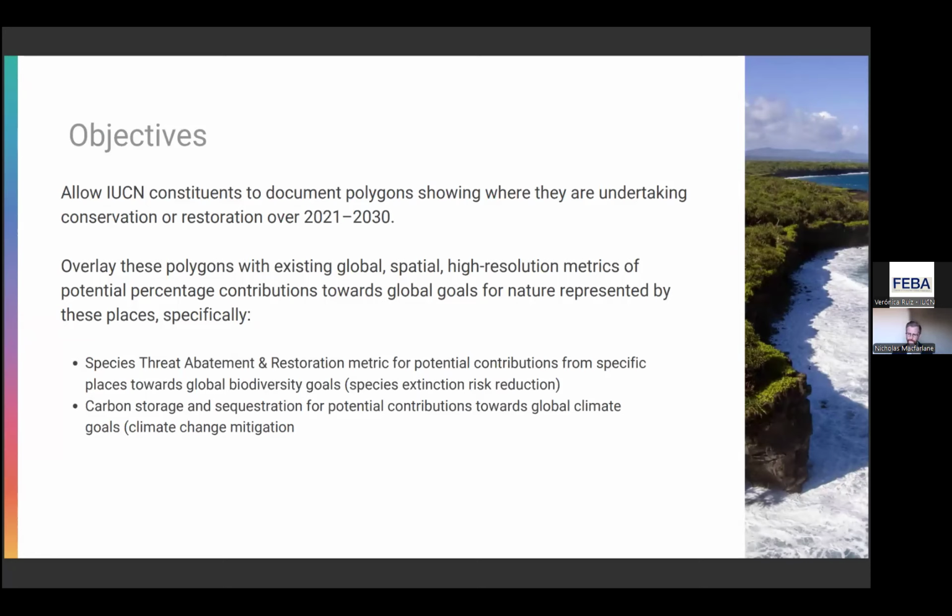And then the core spatial data is supplemented by some non-required fields, and it goes through some light touch validations. Putting together, all of that gets combined with high resolution spatial metrics. There's a carbon calculator for documenting global goals for climate mitigation, and for biodiversity, there's STAR, derived directly from the IUCN Red List. Next slide, please.